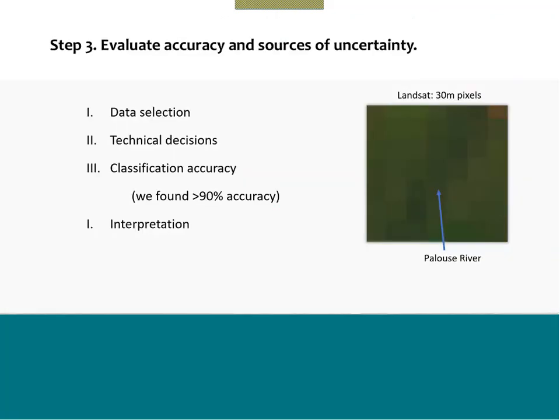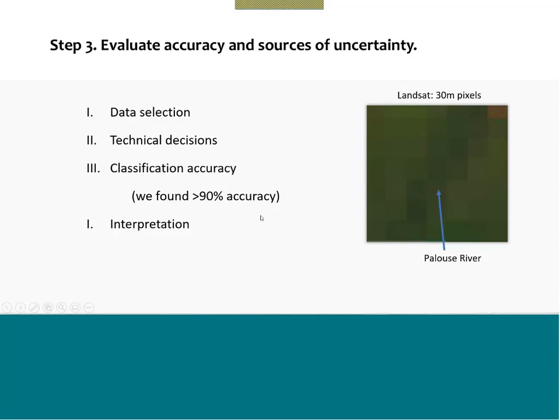And so in this case, we want to really unpack what the accuracy is and what the sources of uncertainty might be, and just recall that we wouldn't really want to choose these fuzzy Landsat pixels here with 30-meter resolution to look at the Palouse River, which you can barely even see in this square. So we need to be really rigorous about what data we choose to use, what images we fit to tell a certain story, the technical decisions we make in crafting the workflow, and what the accuracy of the models we make is.